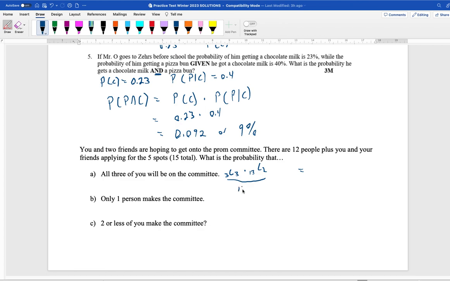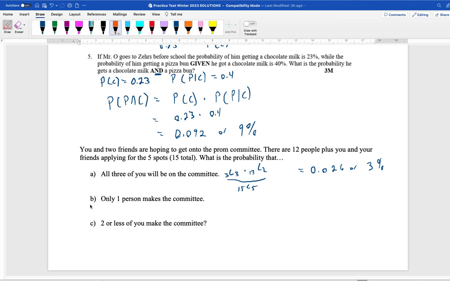And all the options are 15 choose 5. 3 choose 3 times 13 choose 2 divided by 15 choose 5 equals 0.026 or 3% approximately.